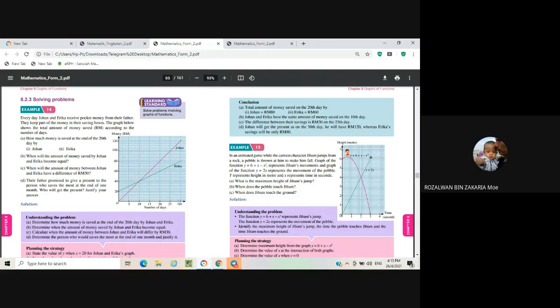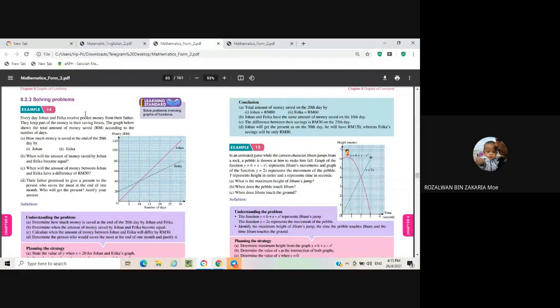After 30 days, Johan keeps RM 120, Erica keeps RM 80. So Johan will get the present, because he keeps RM 120, whereas Erica's savings will be only RM 80. Okay, so that's the answer for question 14.